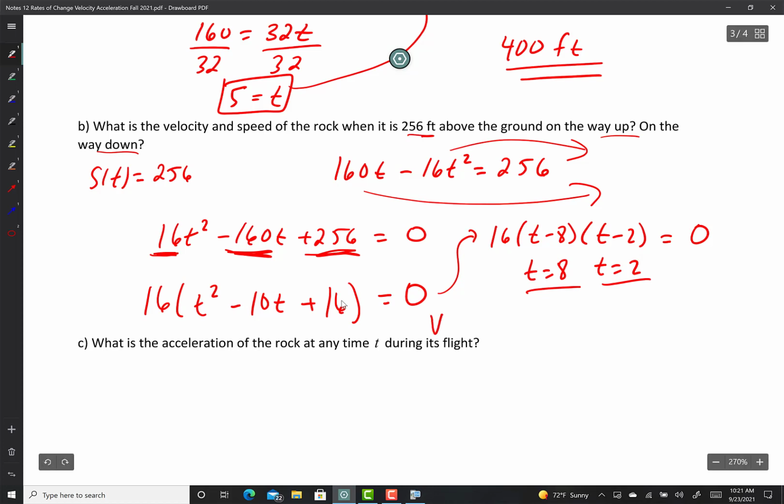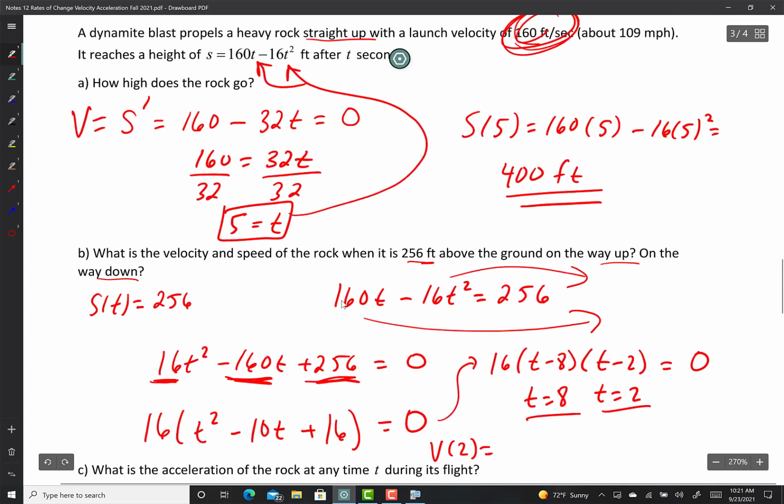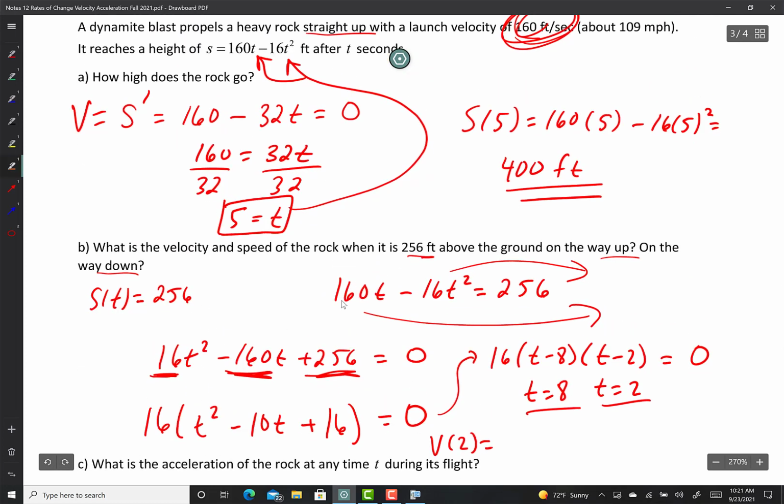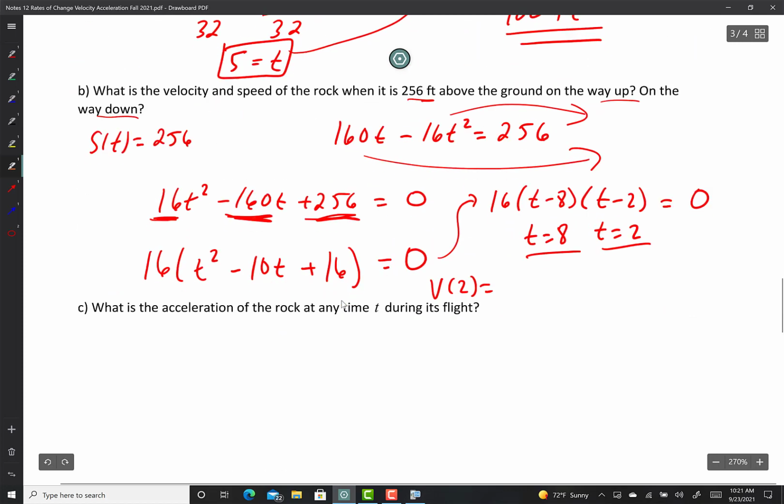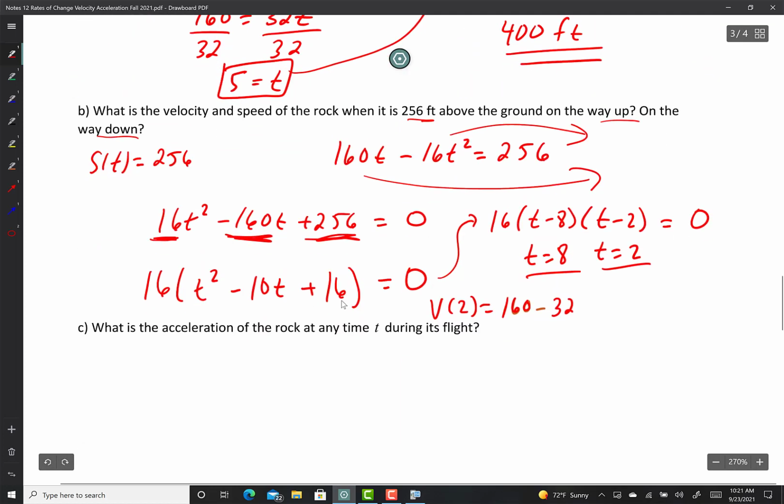So velocity at 2 equals, using my velocity equation, the derivative of position: 160 minus 32 times 2. 32 times 2 is 64. 160 minus 64 is 96, because 160 minus 60 is 100. So 96, and I need units.